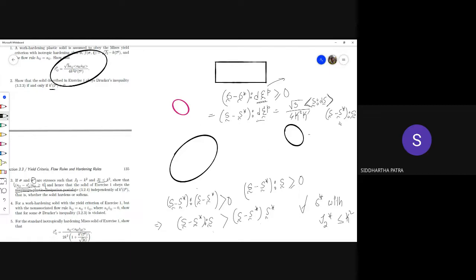Okay, so look at this expression. Again go back to this expression right here, df, which says 1 by 2 root J2 times S inner product dS.